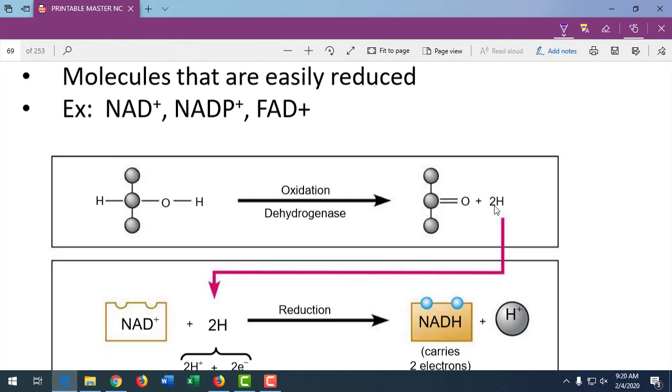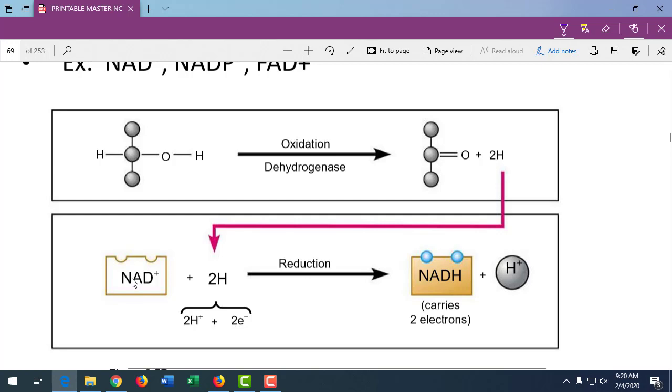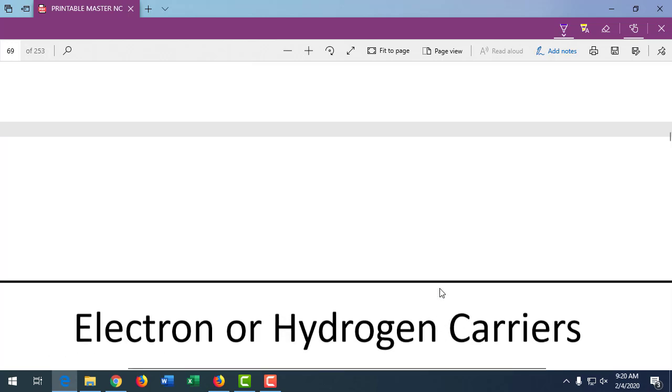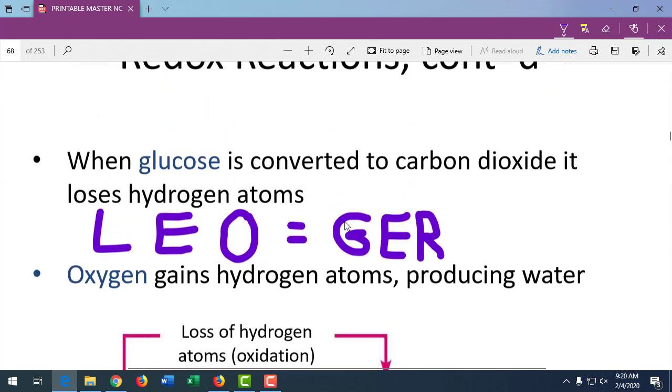We're going to remove hydrogens from it and add them to this coenzyme, which is NAD. It's going to carry these electrons, so we gain energy. So a loss of energy is oxidation. A gain of energy is reduction. You can also look at that here: gain of energy, reduction; loss of energy, oxidation.